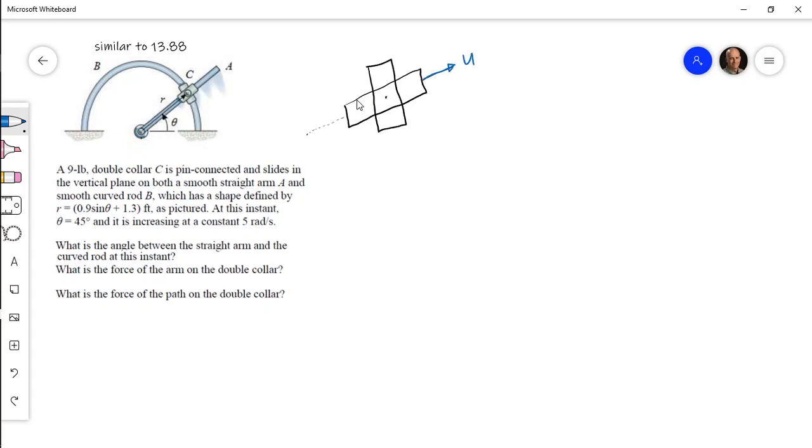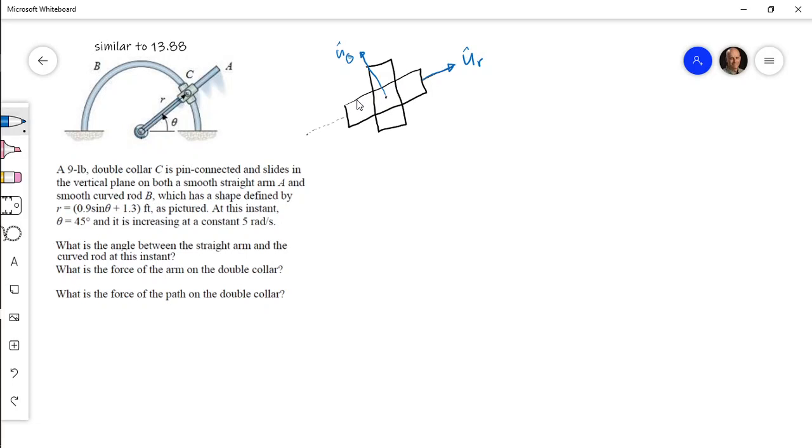So this is the radial direction, and perpendicular to this, not in line with the path, because the path is not a circular arc, the radius is not constant. So perpendicular but not in line with the path is the u theta direction.